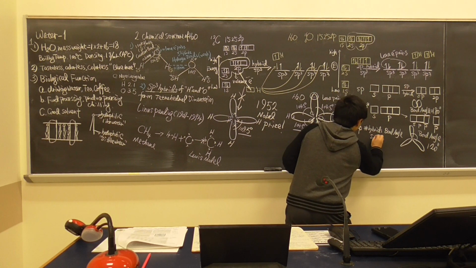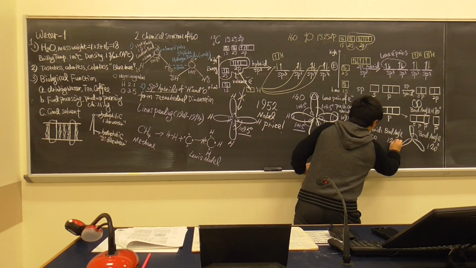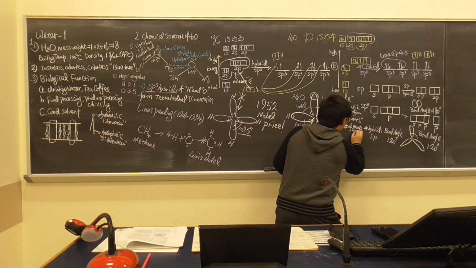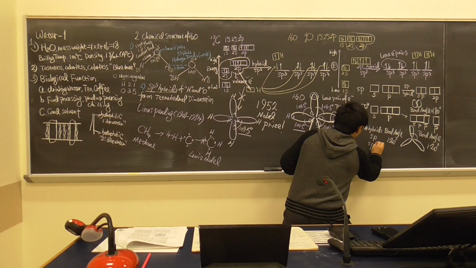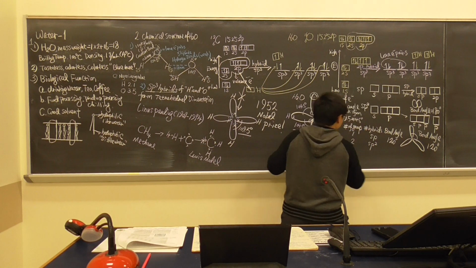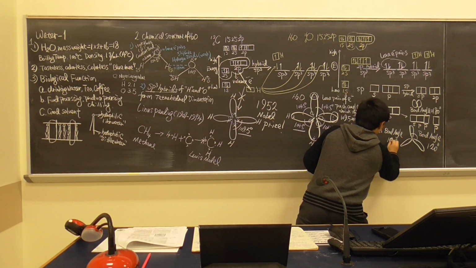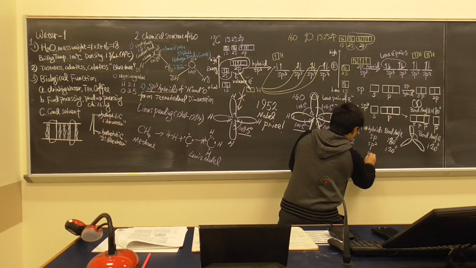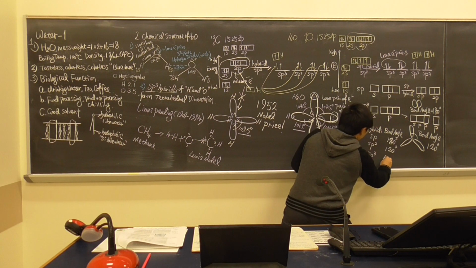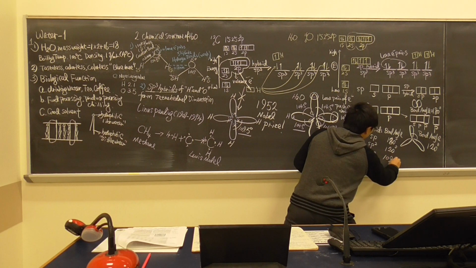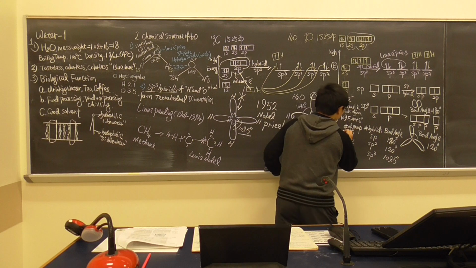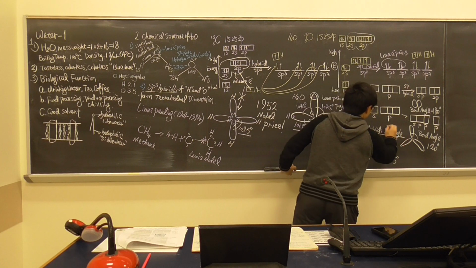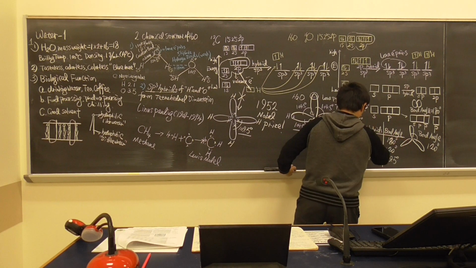We call it SP, this is 180, and this is 1. And this is 2, SP2, this is 120, and this is 3, SP3, this is 109.5 degrees. That's what the table looks like. In the chemistry textbook, you have that table.